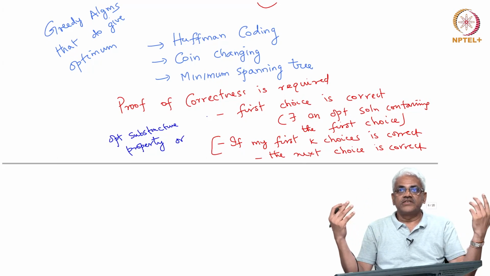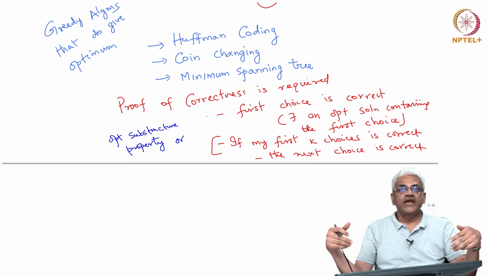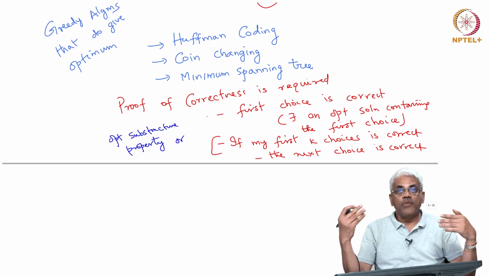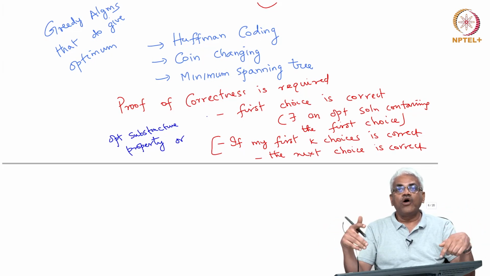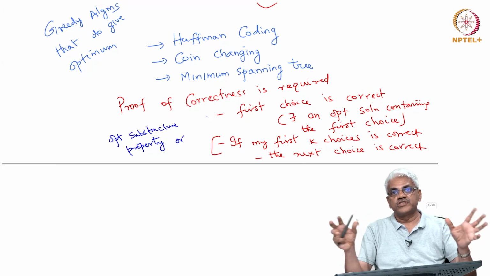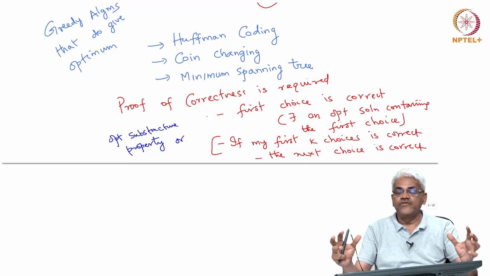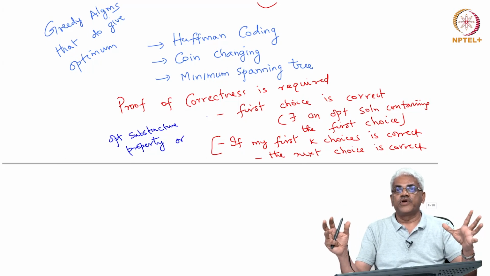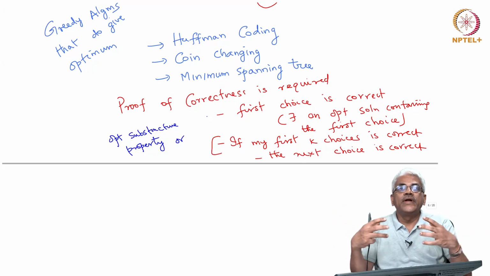For optimum binary search tree or matrix chain multiplication, the optimum substructure property, along with the fact that we are trying all possible choices for the first or the last, gives you the correctness proof, because we are not omitting any solutions.